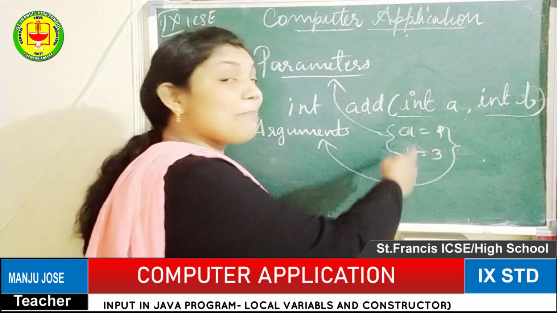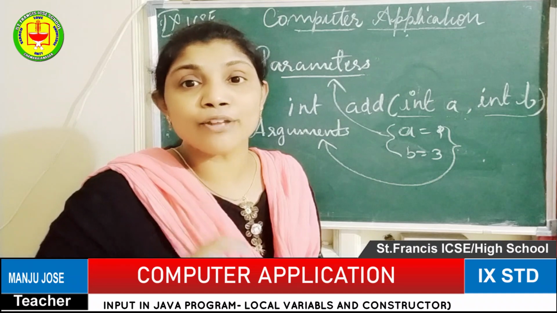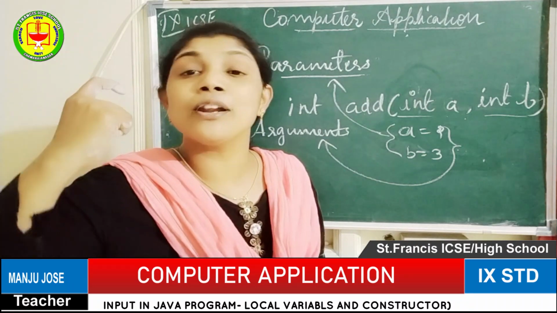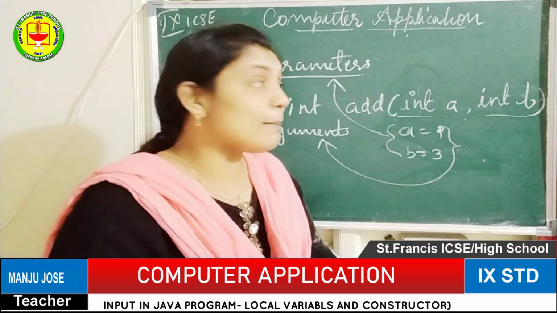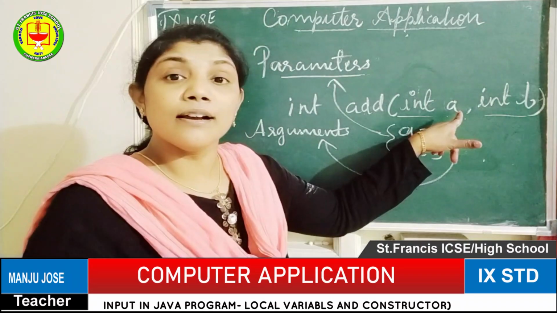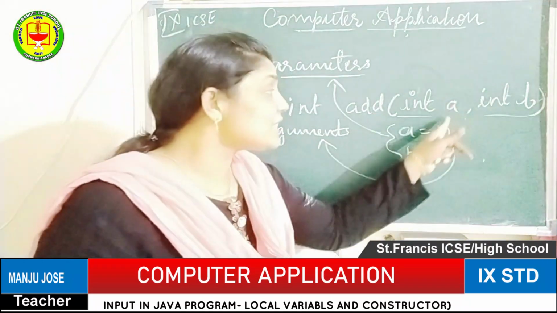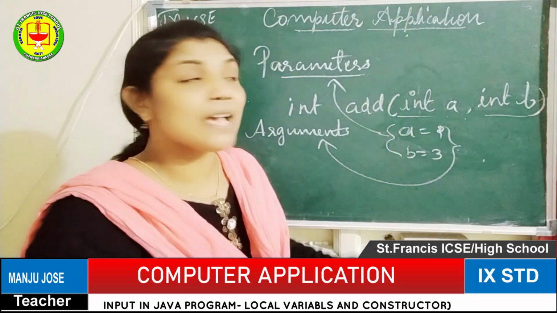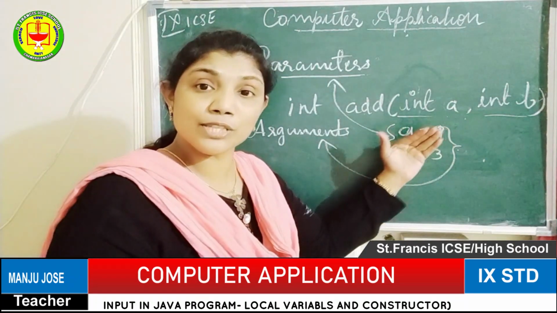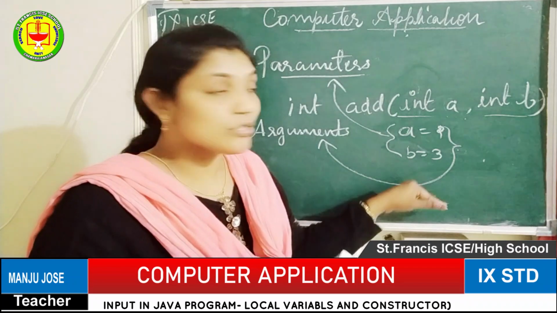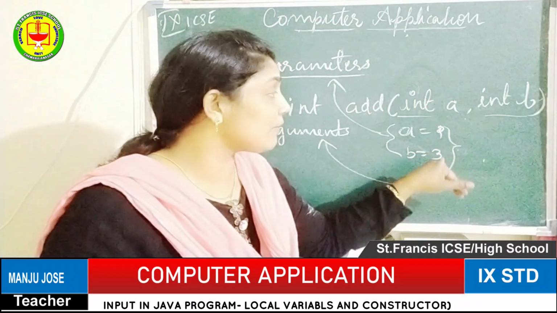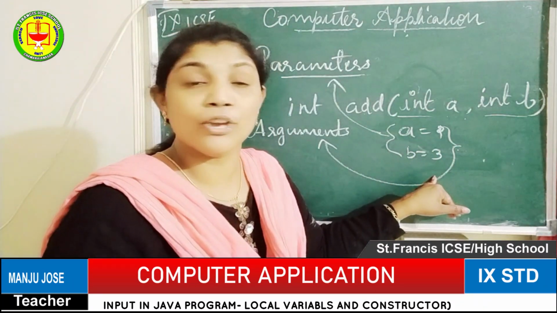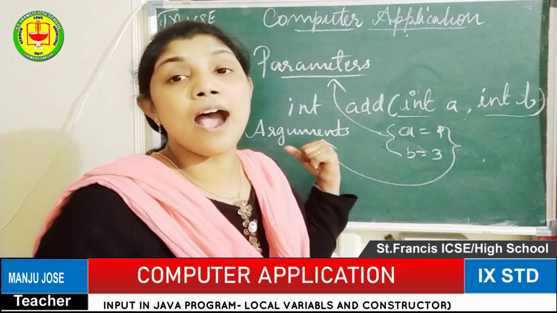With the help of these parameters, we access some value from the original source or from the class. That value is assigned to the parameter, and this value is called an argument. The variable is called a parameter, and the value it receives, which we use to execute the function statement, is called an argument.